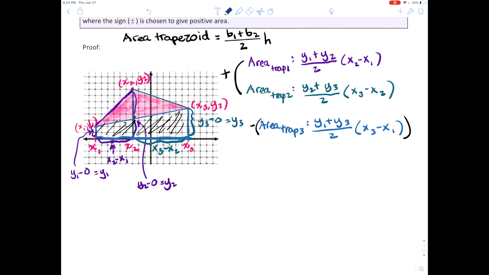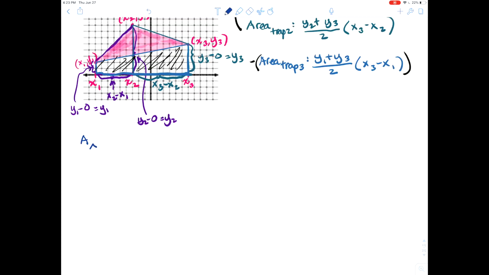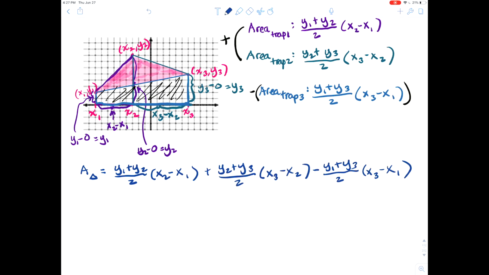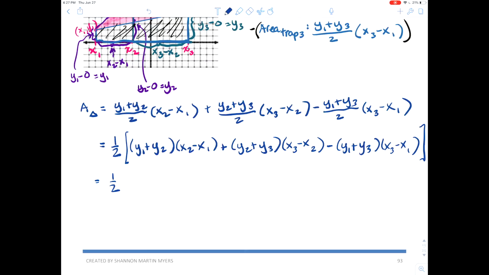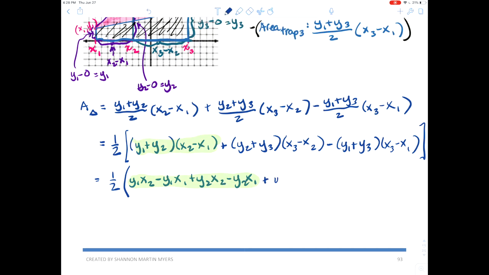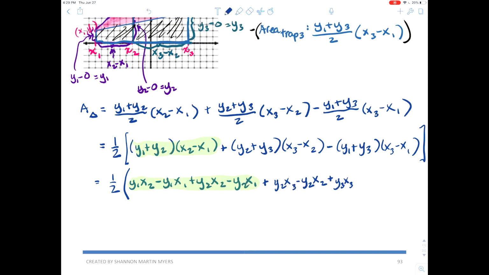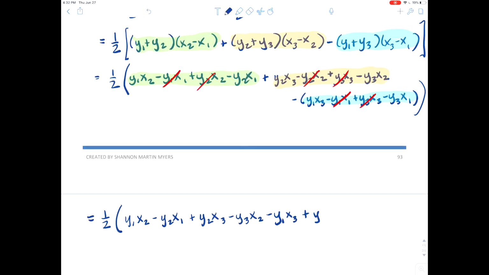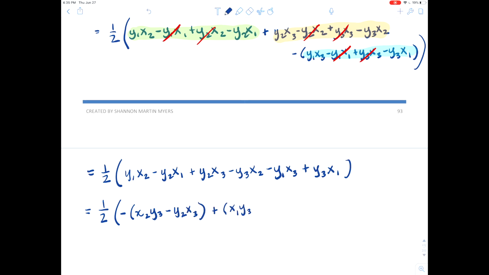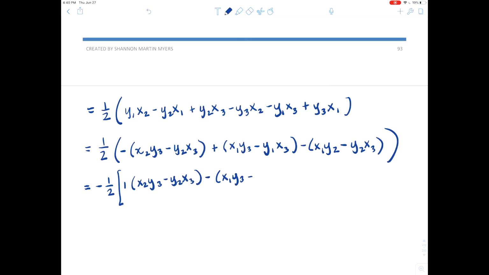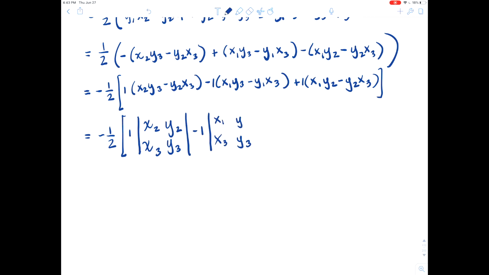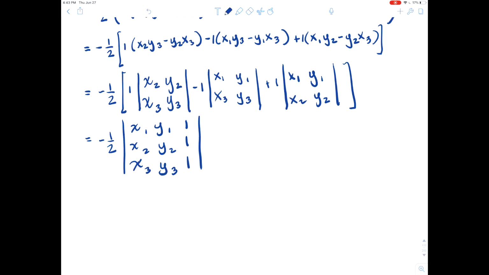Now, let's see what it looks like, okay? All right, pretty cool, huh? So that is why the formula works.